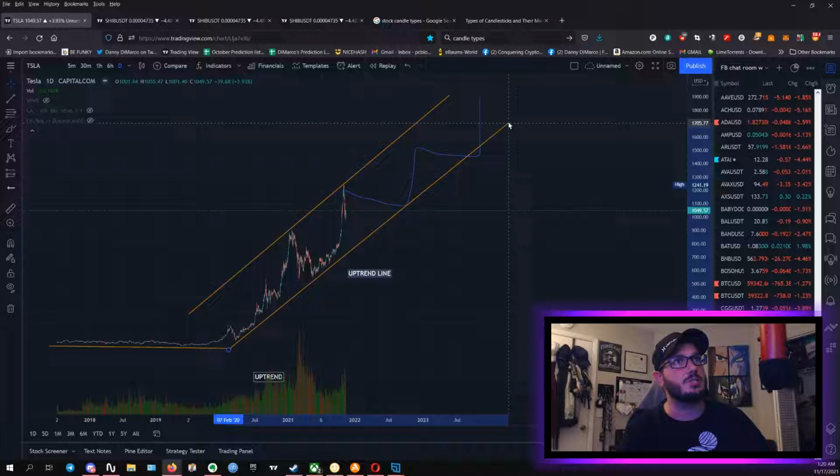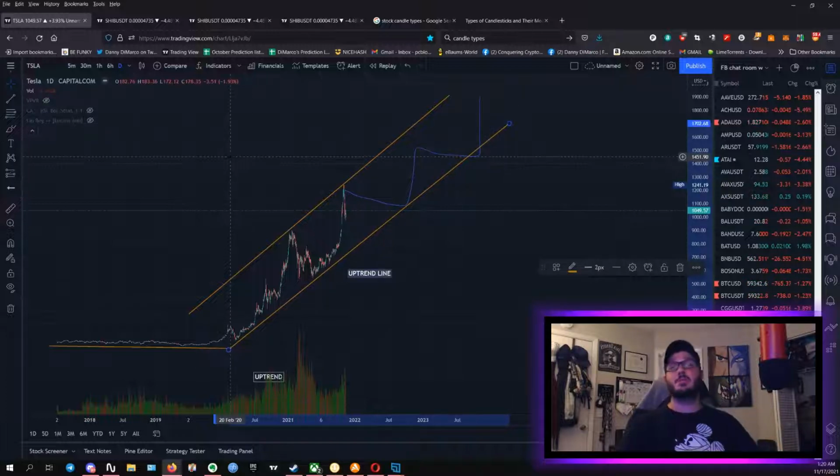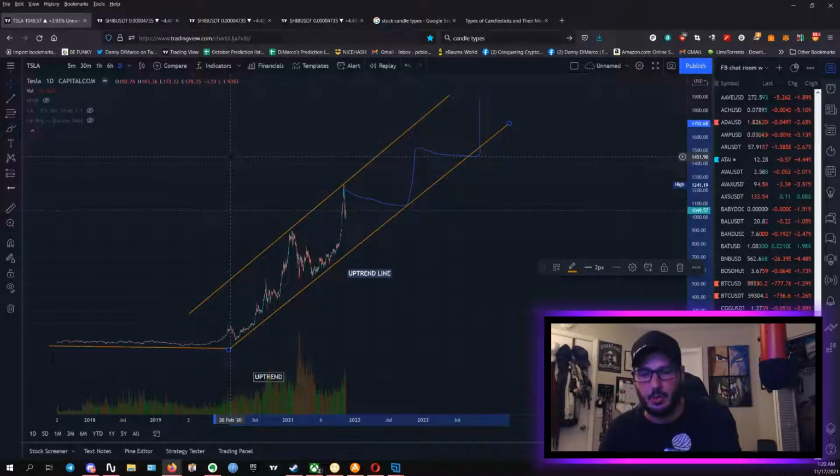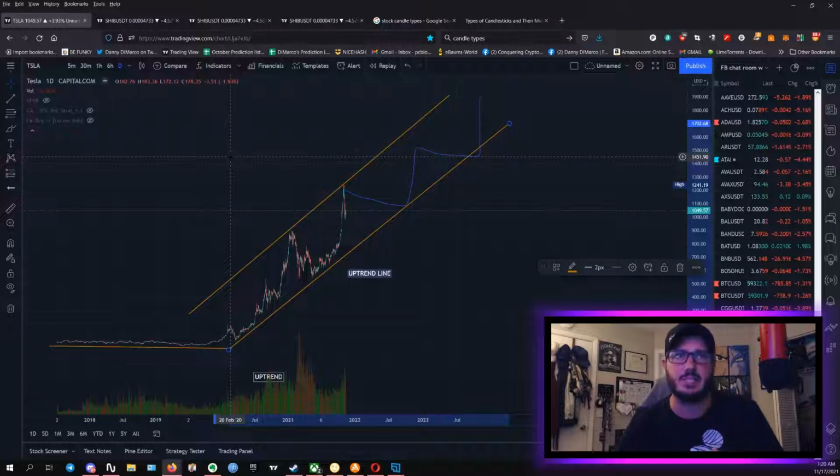These lines would be considered to be support and resistance lines. Even though they're diagonal, you can use them like support and resistance lines. I'm going to go over support and resistance later as well, because that's something important that's a part of the basics that can give you control of your chart.